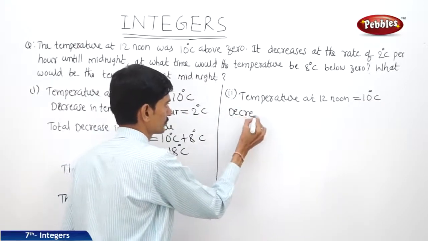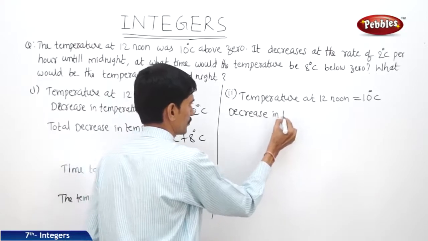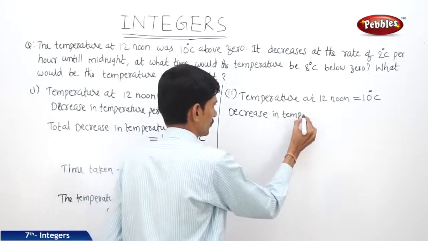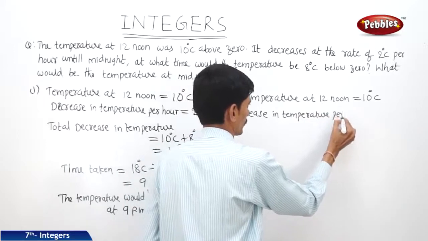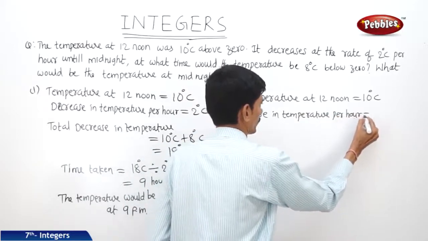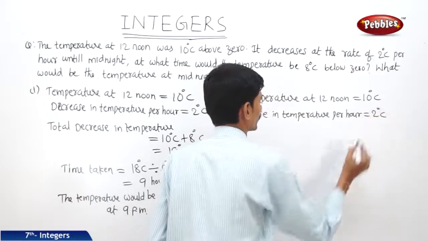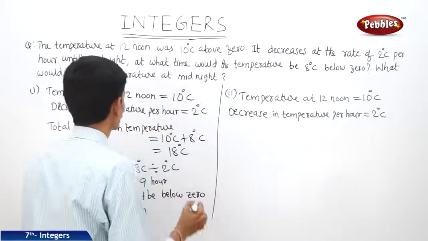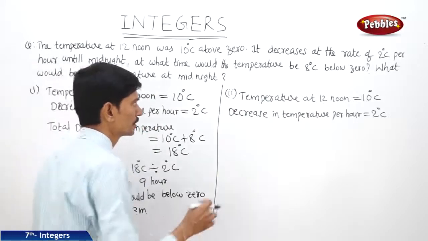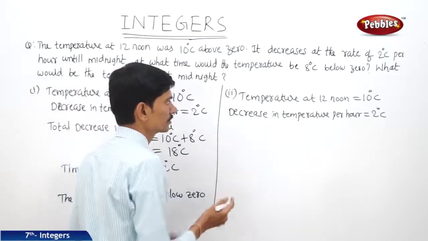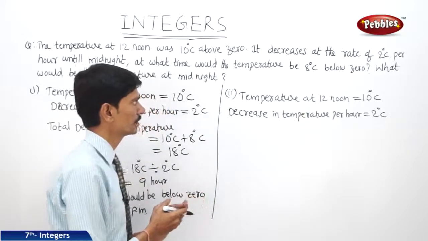So decrease per hour equals 2 degrees centigrade. So midnight means 12 midnight, which means in 12 hours, then we should find out what is the temperature after 12 hours.